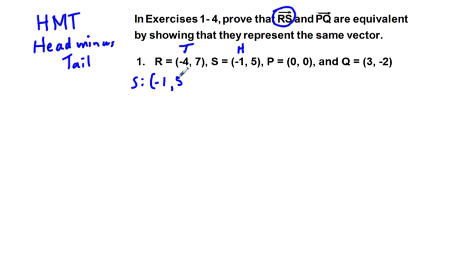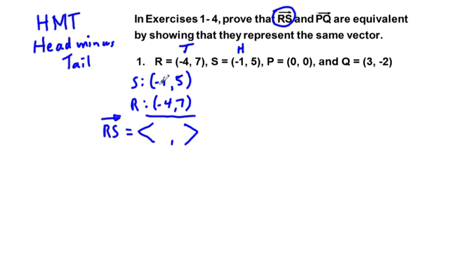I'm just copying here, head, and then tail, R, and that coordinate pair there is -4, 7. And therefore, vector RS is going to be equal to, I'm going to make the angular brackets denoting component form of a vector.